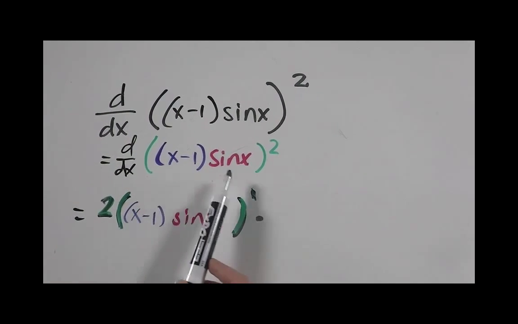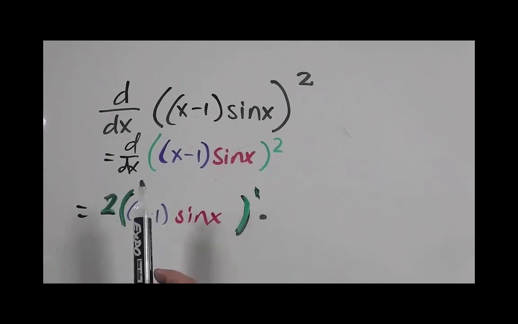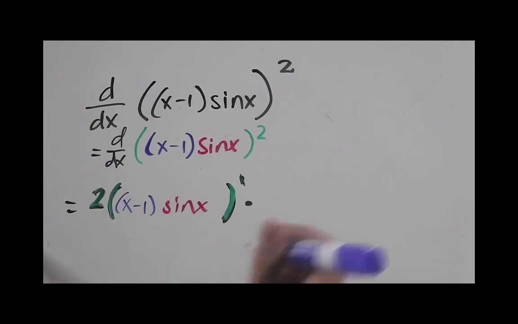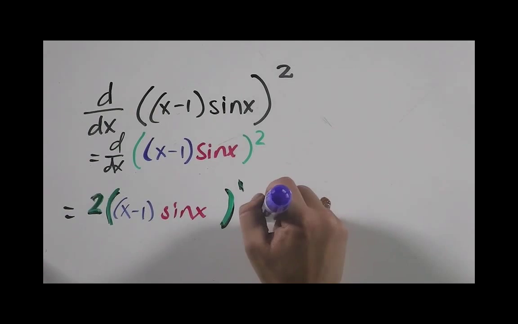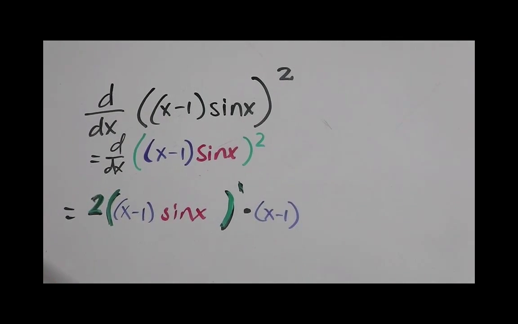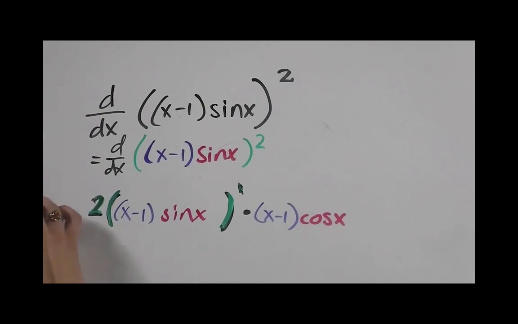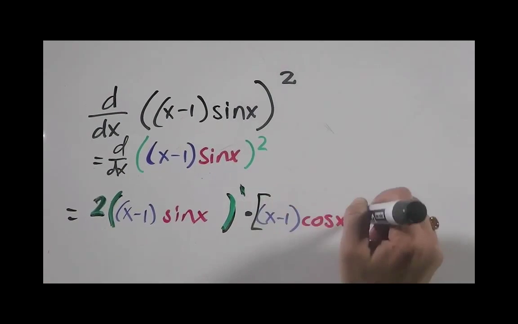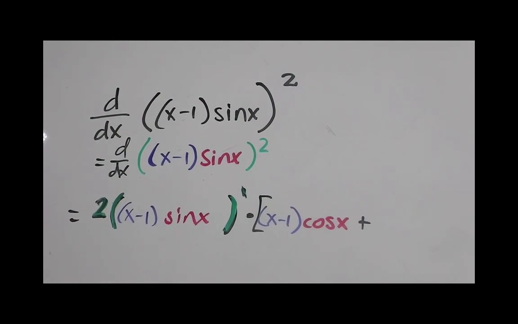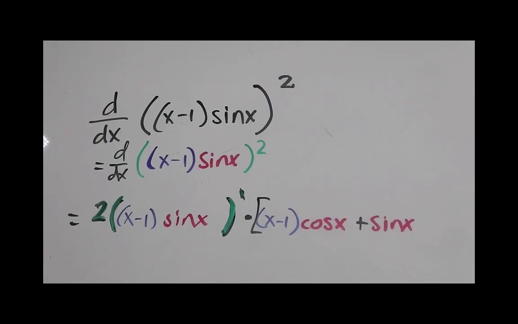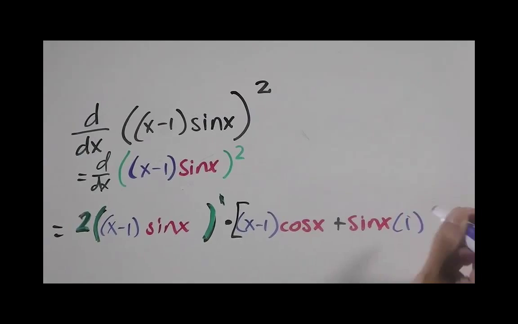And to find the derivative of the inside, which is a product, we need to use the product rule. So, let's say that's x minus 1 times the derivative of sine x, plus sine x times the derivative of x minus 1.